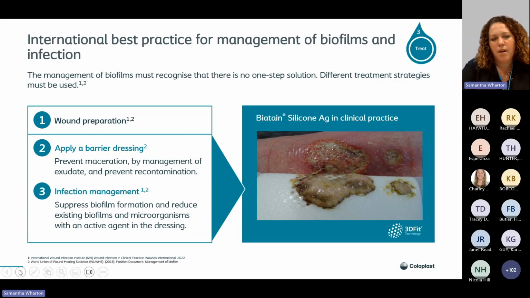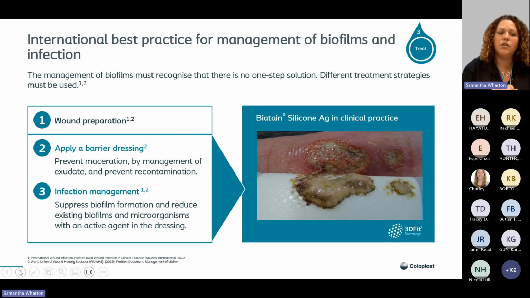So you need to suppress that biofilm formation. Biofilm will keep forming really quickly. Often when we talk about biofilms, we talk about when we brush our teeth. We brush our teeth in the morning, we brush our teeth in the evening. That's because this biofilm will reform. If you run your tongue over your teeth, you might feel like you've got a bit of a film. Those are those biofilms reforming.